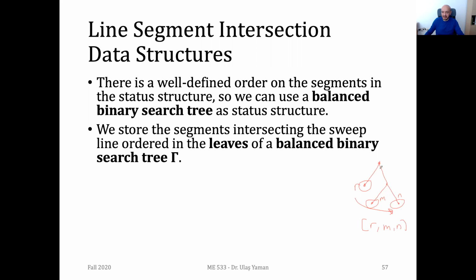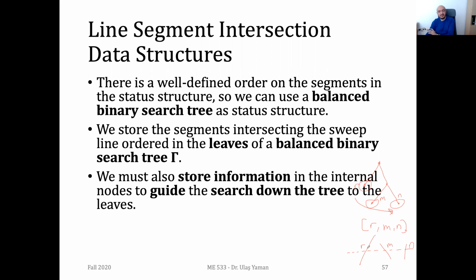So if you have such a balanced binary search tree, then by simply looking at the leaves of that tree, you can state that this is the order of line segments intersecting with the sweeping line: R, M, and N. This is how we are going to use this balanced binary search tree.